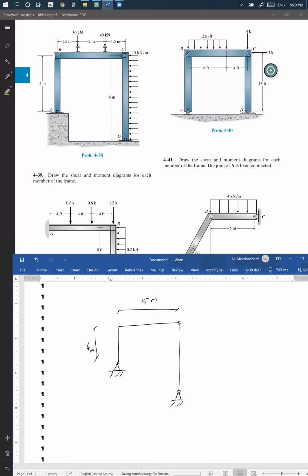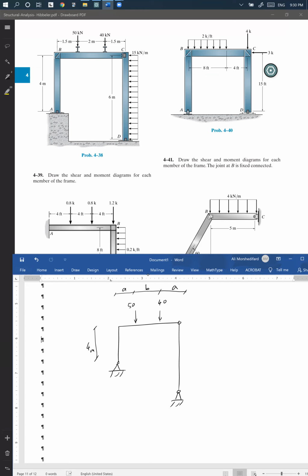So if I also put two forces, one of them is 50, one of them is 40. Let's say this is A, this is B, this is A. So these have numbers, right?